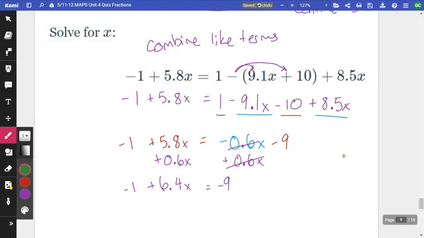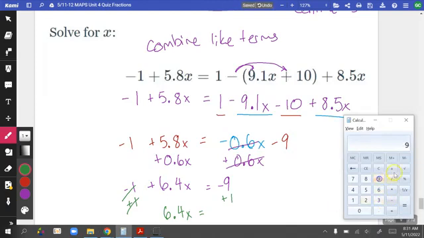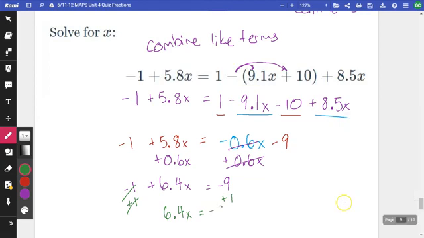Next, we need to add plus 1 on both sides to put our constant terms together. So we end up with 6.4x equals negative 9 plus 1. That's going to be a negative value as well, because the 9 is a bigger number than 1. So negative 9 is going to keep its sign, and we're going to have negative 8. Almost there.